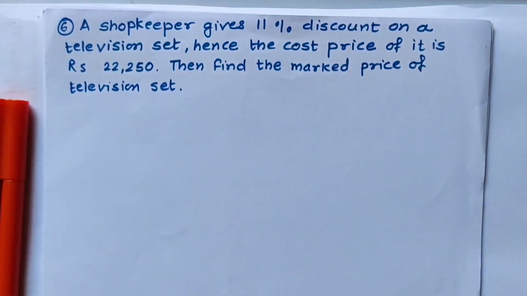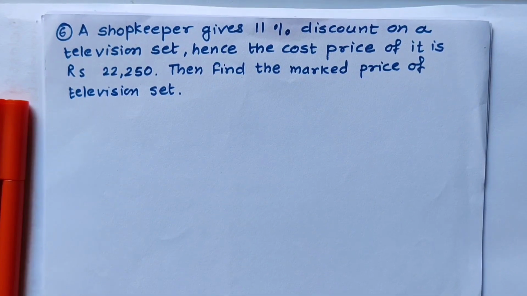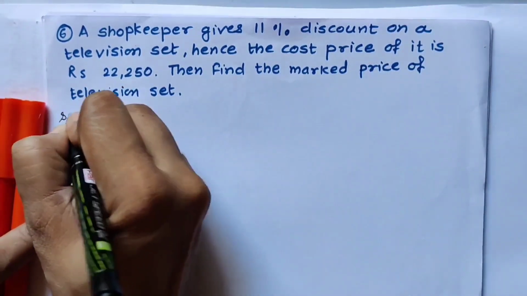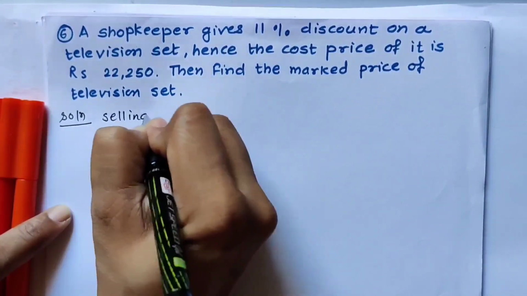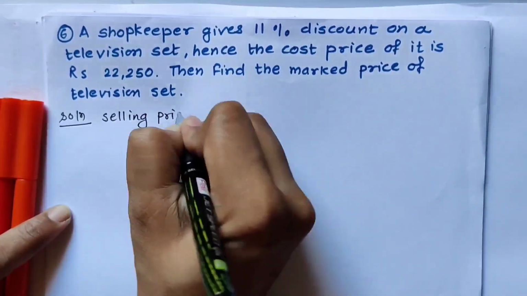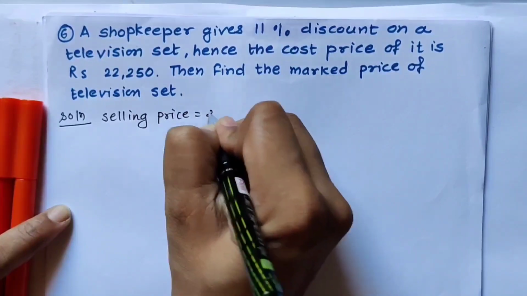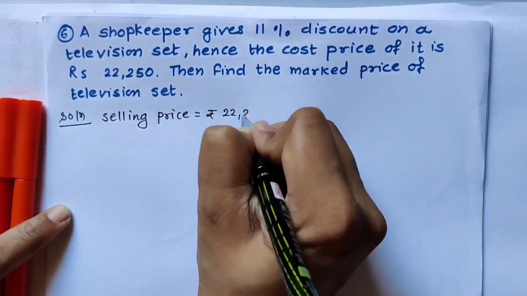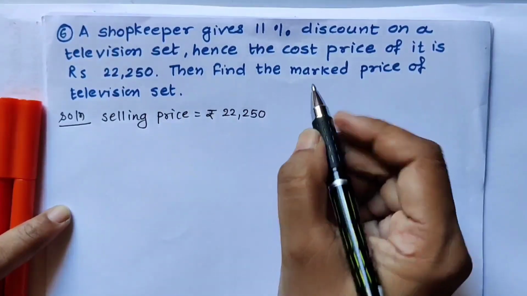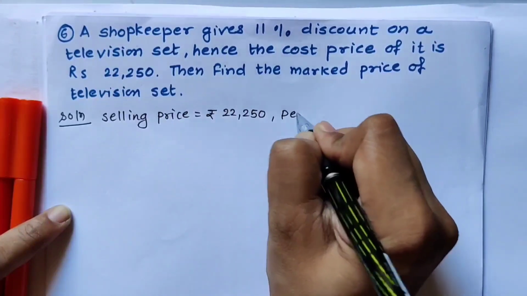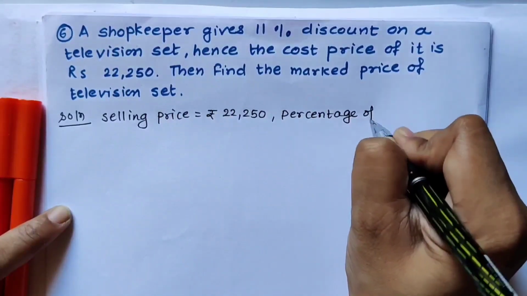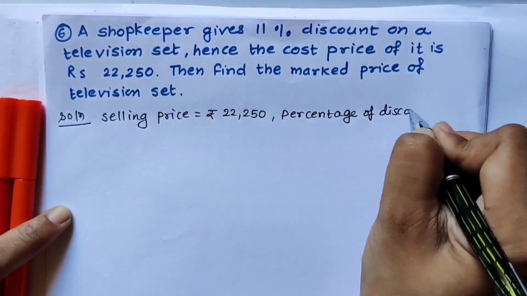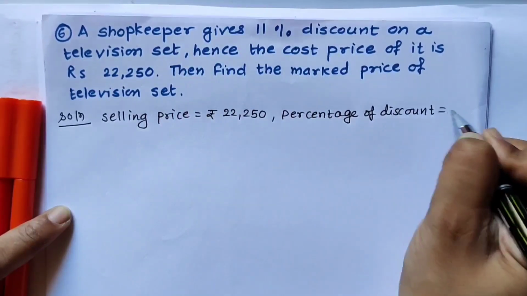So let us write what is given first. The selling price is given as rupees 22,250, and the percentage of discount is 11%.